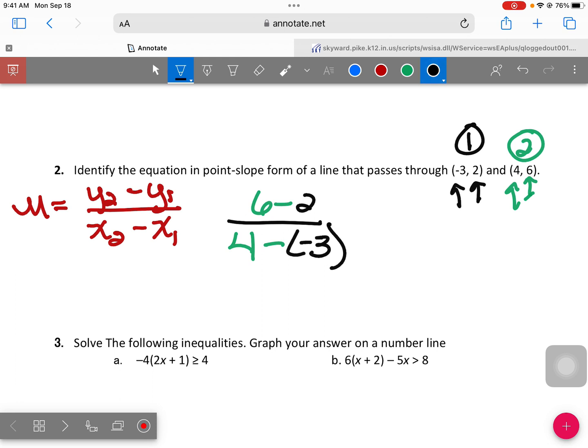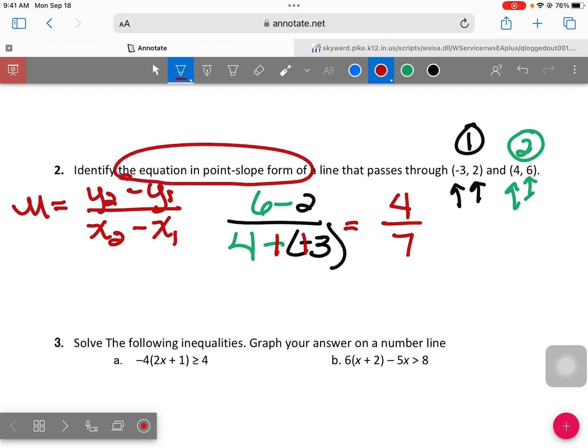And it doesn't matter which point you use, just use the same point. If you're staying with point 1, use both coordinates of that point. 4/7 is your slope times x minus negative 3. Changes to adding the opposite, and that is your final answer.